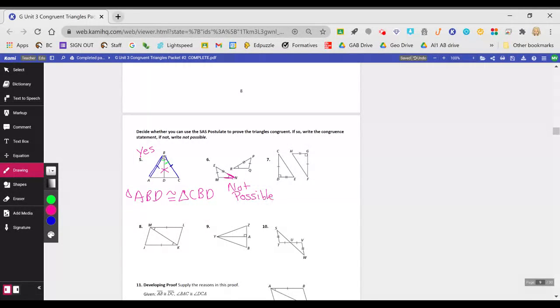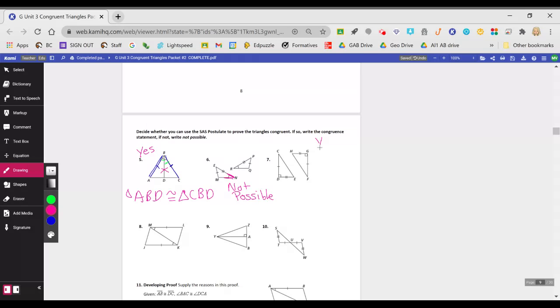So I want you to pause and think about 7 and 8, and then come back. Okay, so when I look at 7, the right angle, I know right angles are always congruent to other right angles.